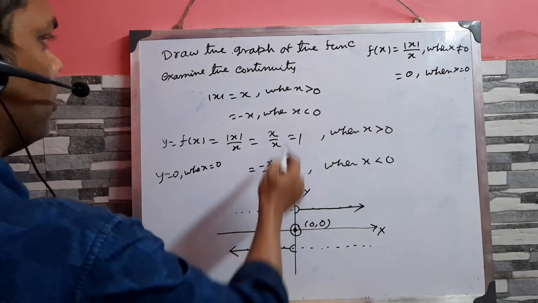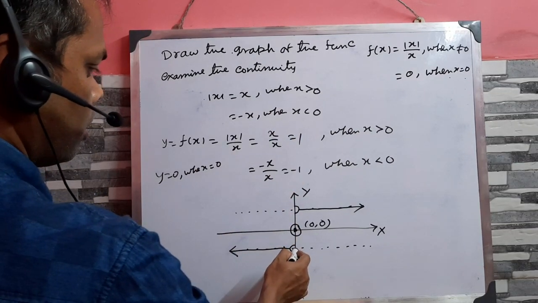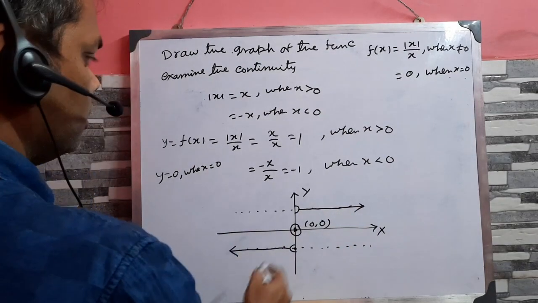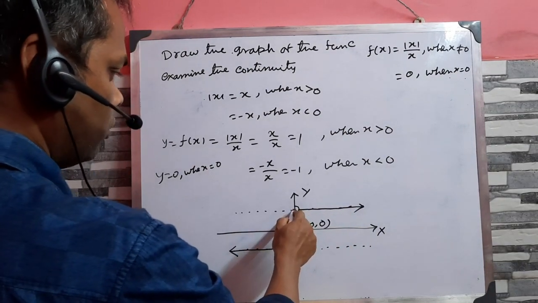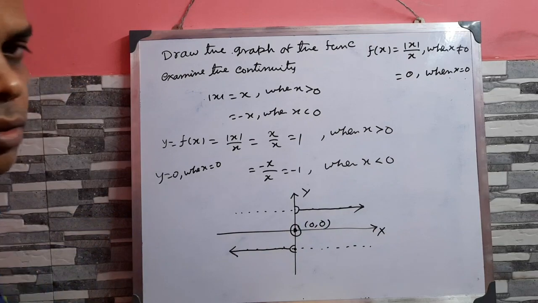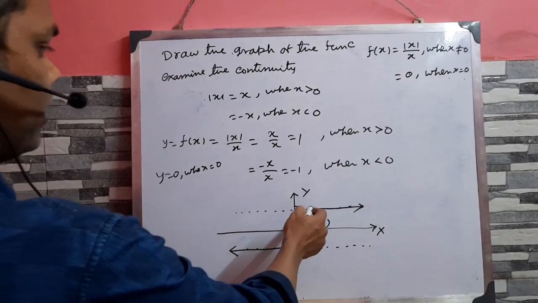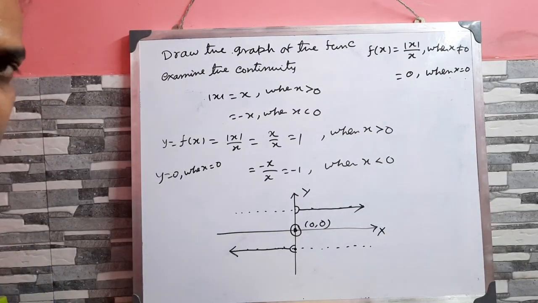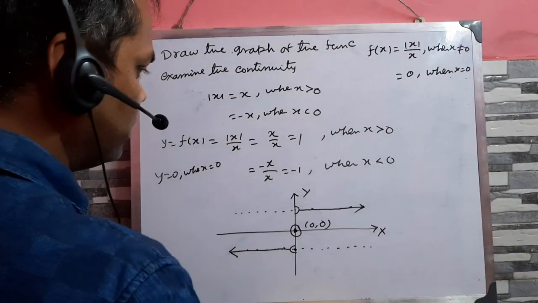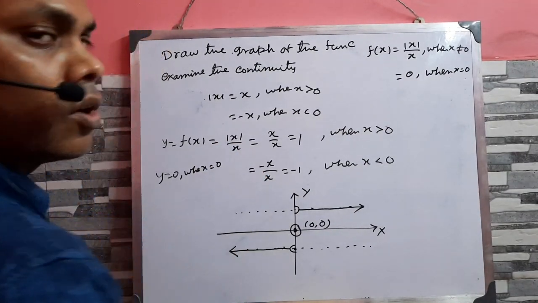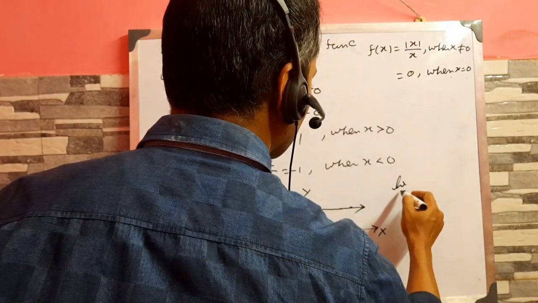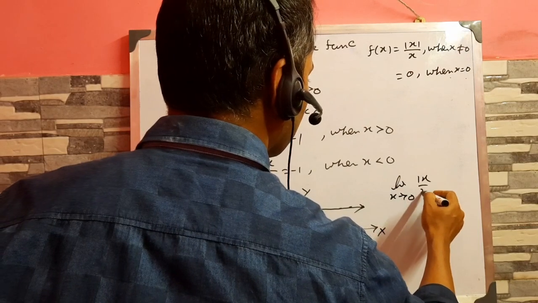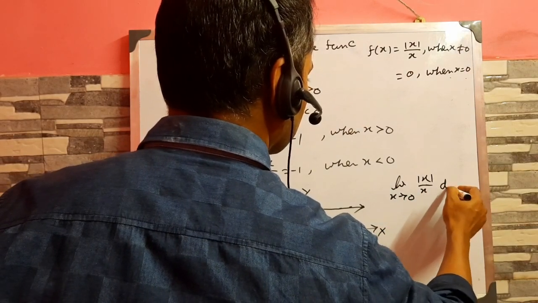Left hand limit of that function is minus 1, and right hand limit of the function is 1. So right hand limit and left hand limit are not equal, so the limiting value does not exist. If the limiting value does not exist, the function is not continuous. So limit x tends to 0 of mod x by x does not exist.